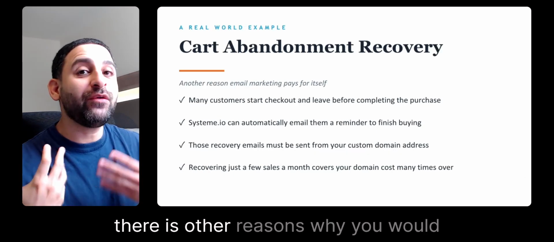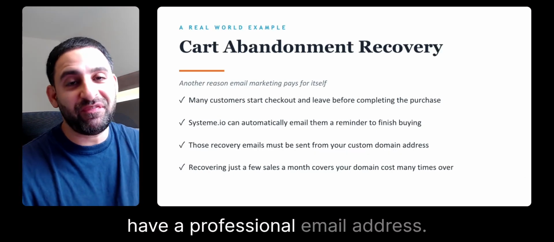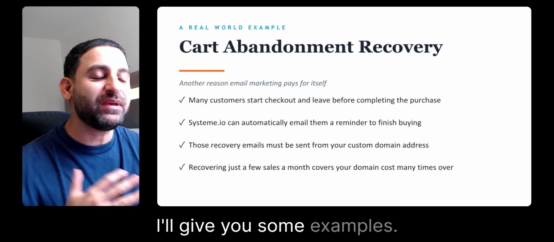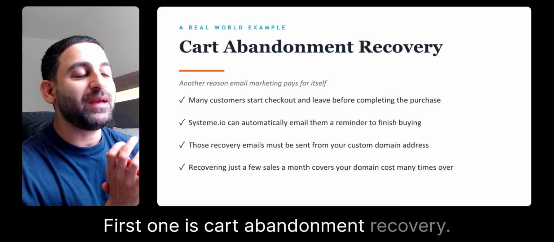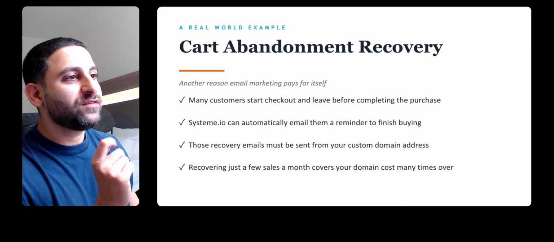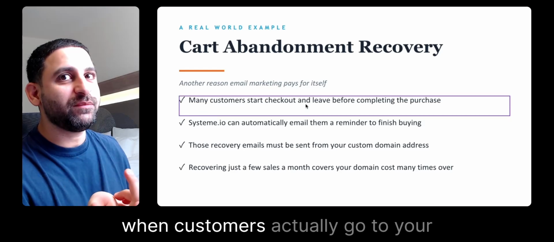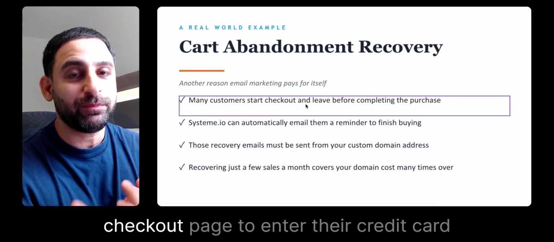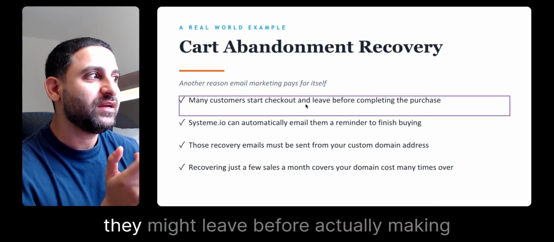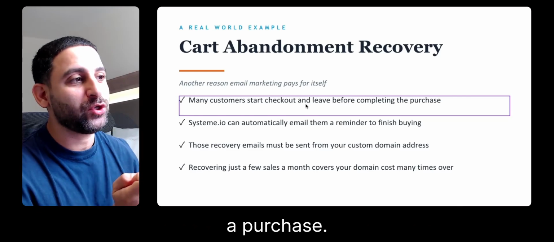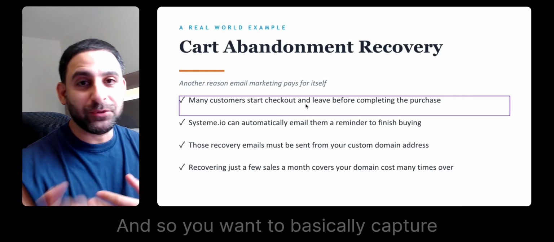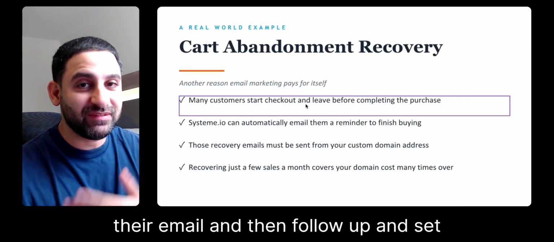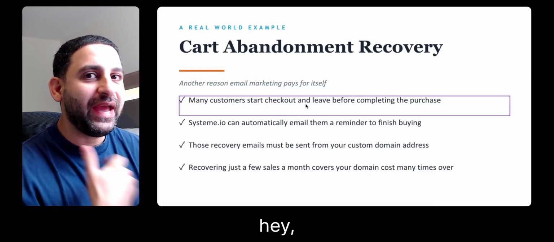There are other reasons why you would have a professional email address. I'll give you some examples. First one is cart abandonment recovery. When customers go to your checkout page to enter their credit card details, they might leave before actually making the purchase. So you want to capture their email and set up an automated follow-up to see, hey, did you forget?